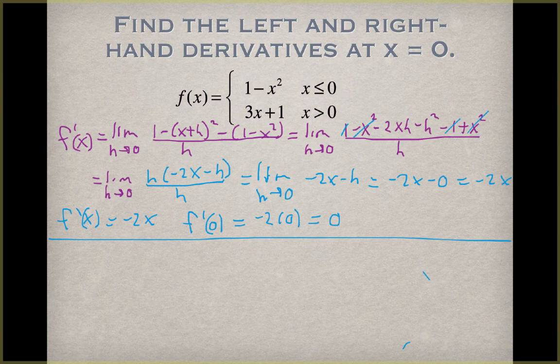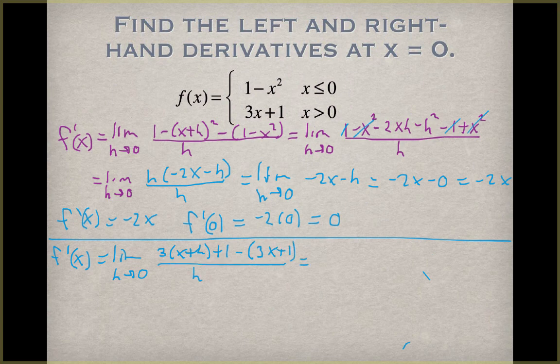And then we do the right hand. We're going to do the other function, f of x, which is 3x plus 1. So we can use the limit as h approaches 0 of 3x plus h plus 1 minus 3x plus 1 all over h.